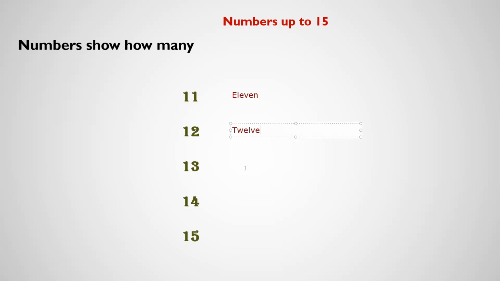Then we start the family of teen. They end with teen, T-E-E-N. It starts from 13. So 13 is T-H-I-R, then put teen, T-E-E-N.